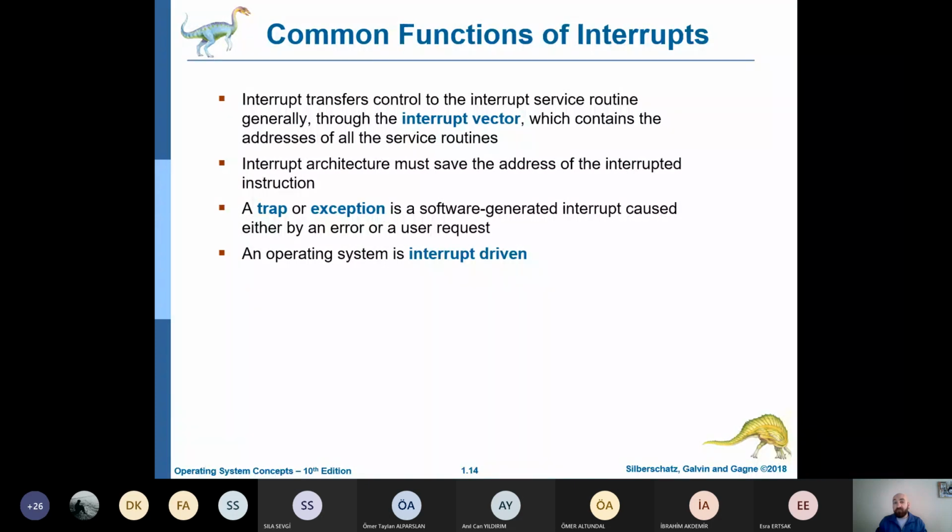So basically, we can say that an operating system is interrupt driven. This is one of the important parts of our course. We are going to discuss operating system concepts, but at the base level, we can directly say that an operating system is an interrupt-driven system.